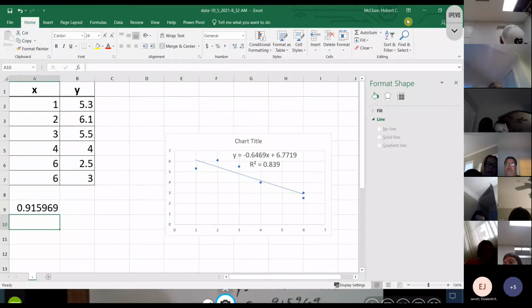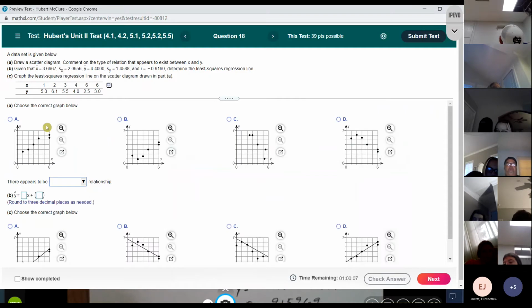So go back to the handy dandy question, and it's not this one. It's not this one. Looks like C. And, well, no, I believe it looks like D. And then that one looks like that one.